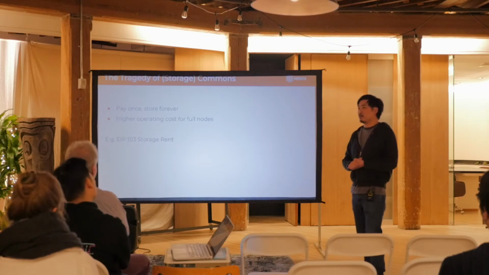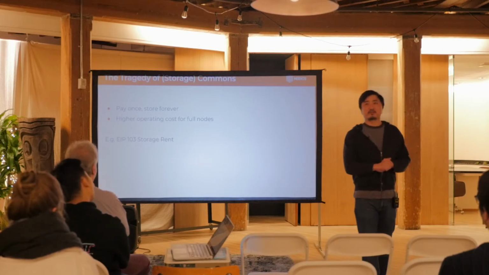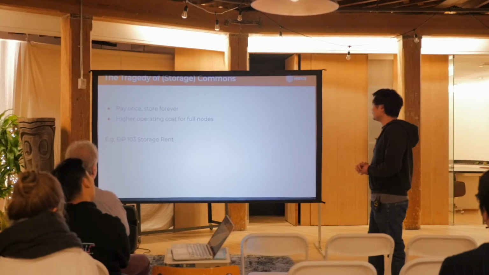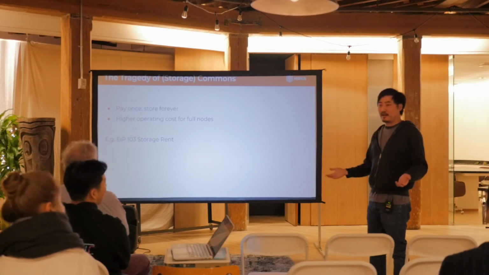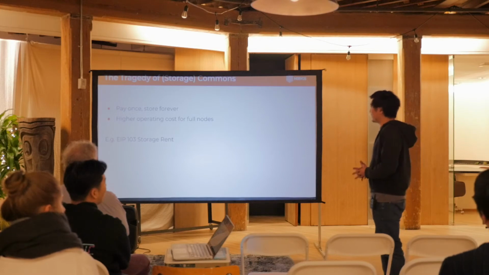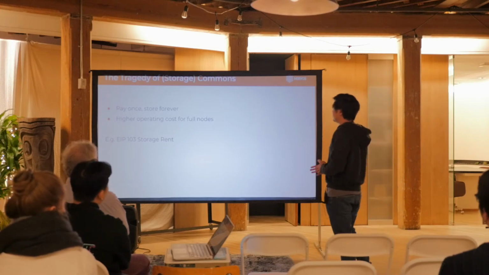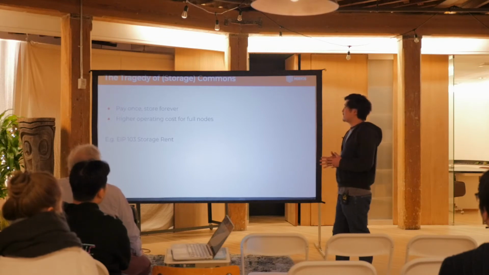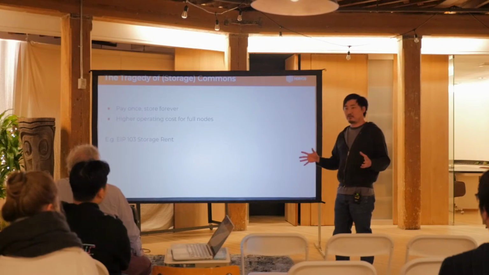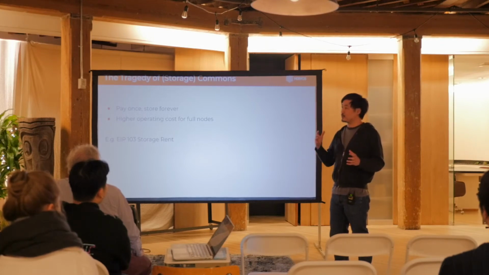To give you some examples, there are quite a few smart contracts that have very large states. For example, the EOS ICO contract. A lot of people participated in that, probably tens of thousands or maybe 100,000. That data is now on the Ethereum ledger forever, which means everybody will save a copy of it.